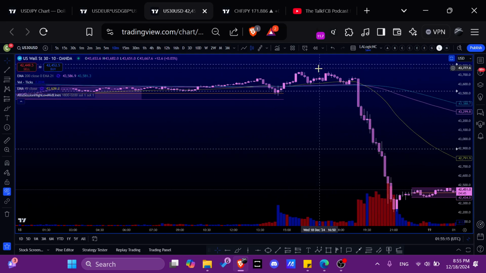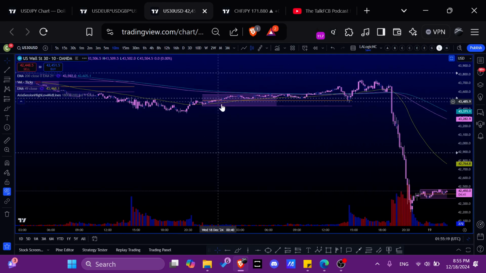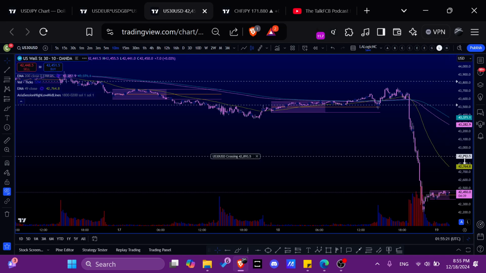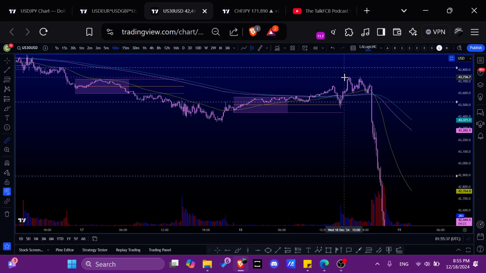Oh my gosh, what a massive drop. We see the Asia session retest the prior Asia session levels, go to the high of the last session's level, and then it dropped for how many points?